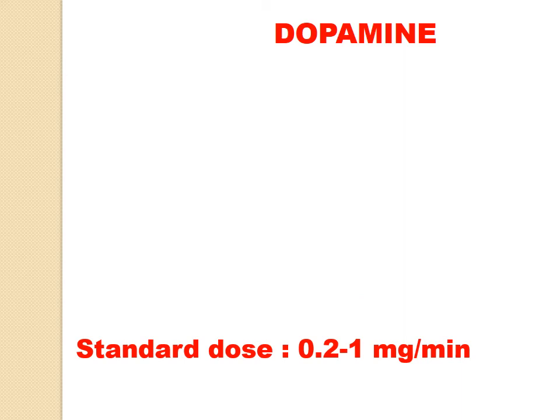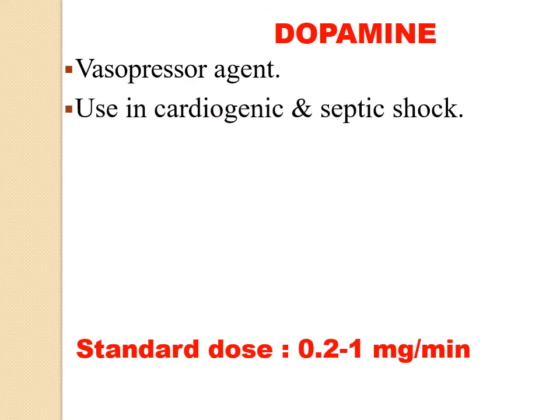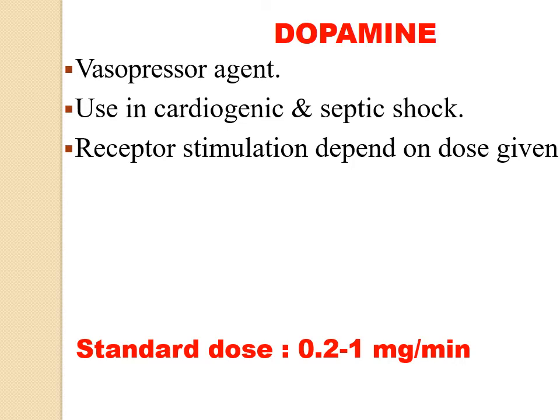So the third drug of choice is dopamine. It is a vasopressor agent mainly used in cardiogenic and septic shock, but the main feature of this drug is that its receptor stimulation depends on the dose given.